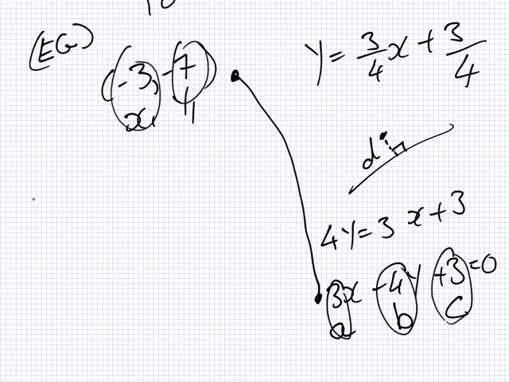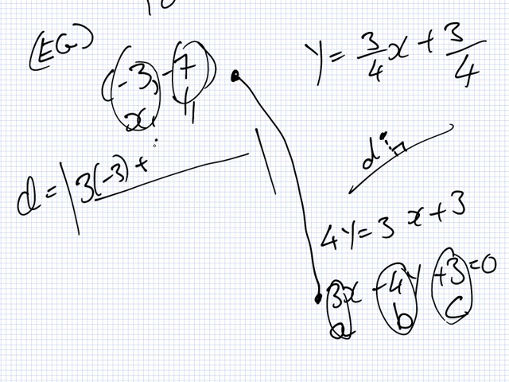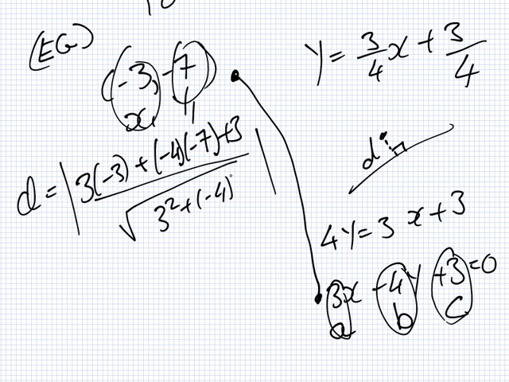So now I can say distance equals absolute Ax1 plus By1 plus C over square root 3 squared plus minus 4 squared. So that's minus 9 plus 28 plus 3 over 5.